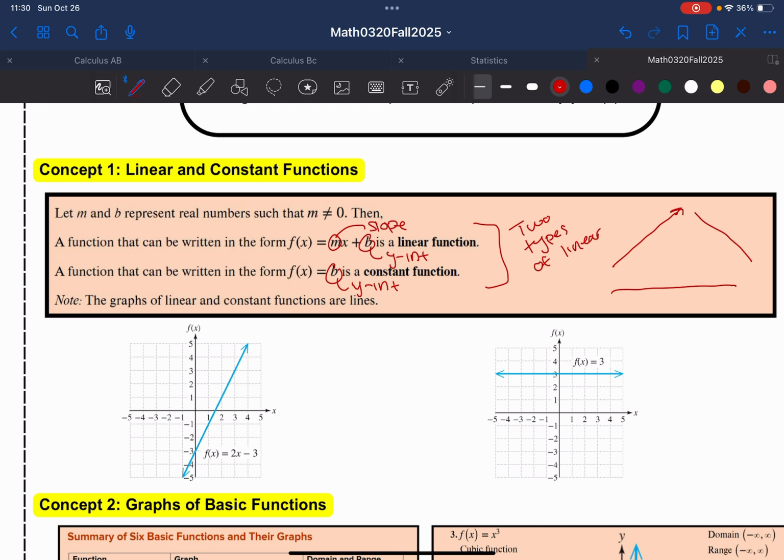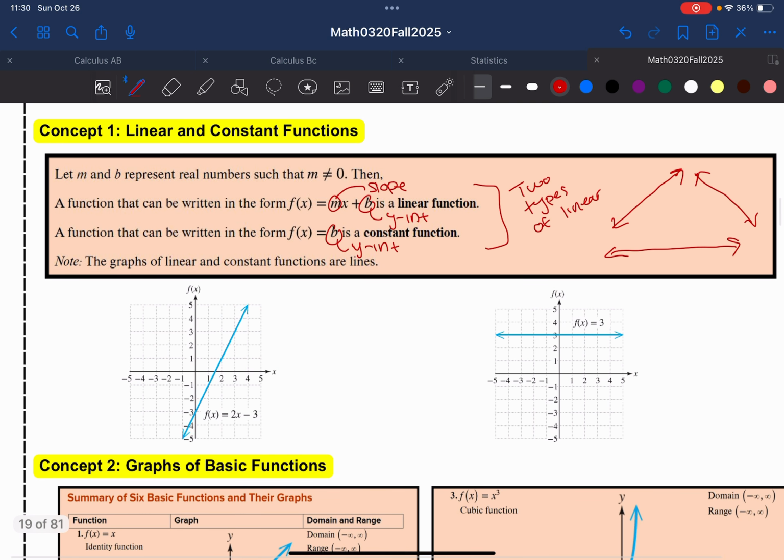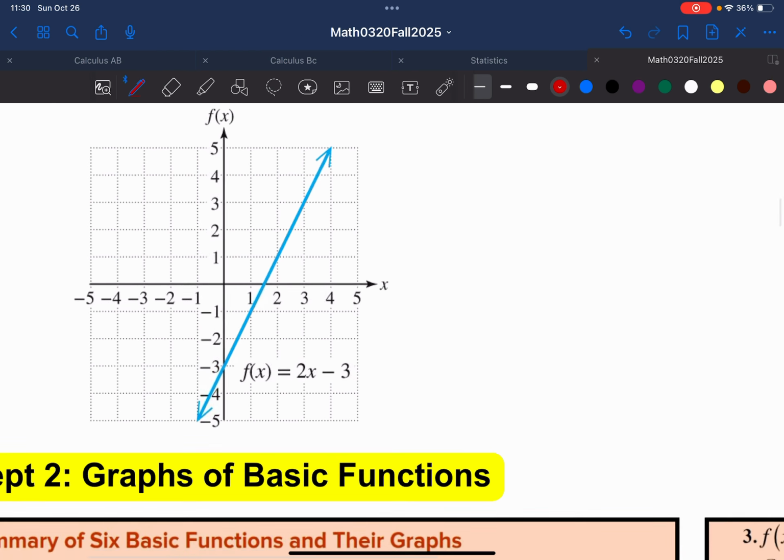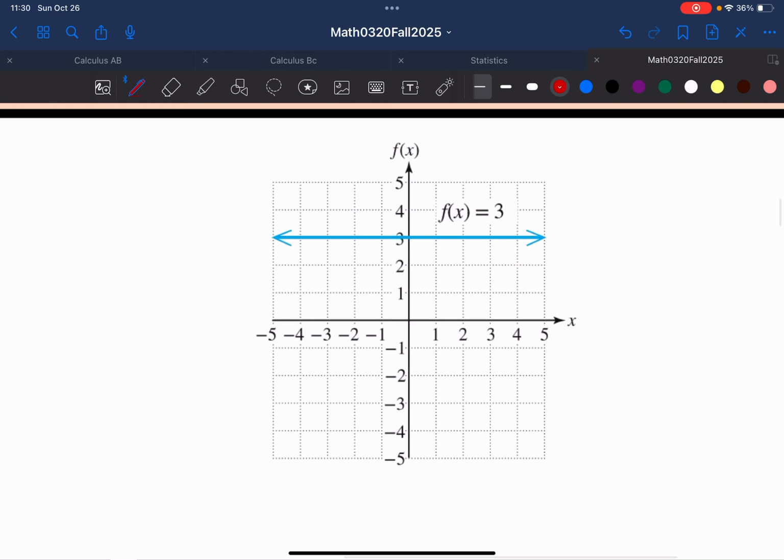These are all different types of linear functions. Here it shows an example. We have one type of linear function, and then we have another type of linear function. Again, this one is constant because it's only going through one number, and that is the number 3.